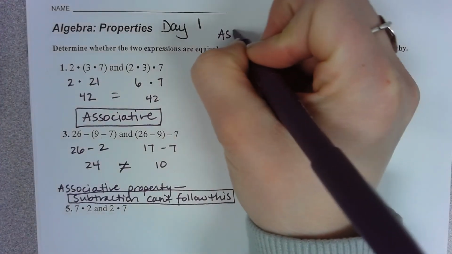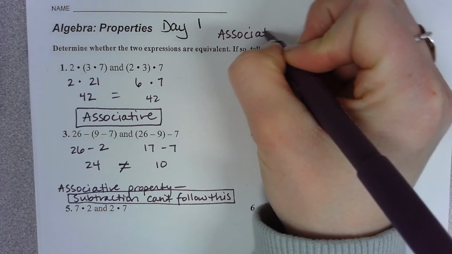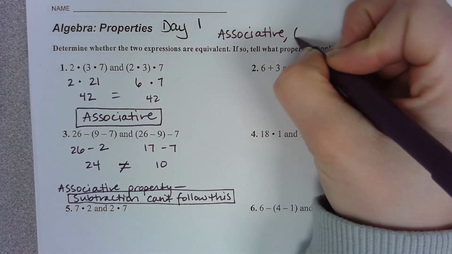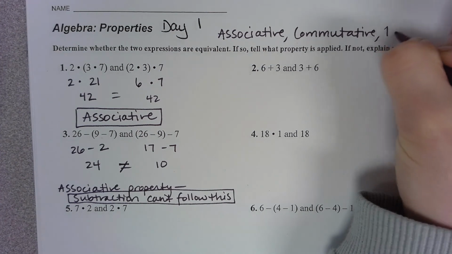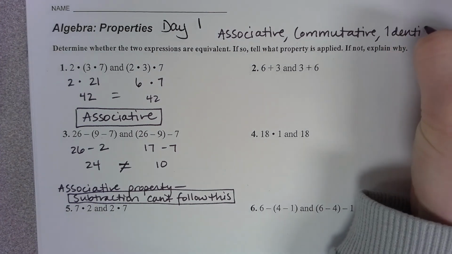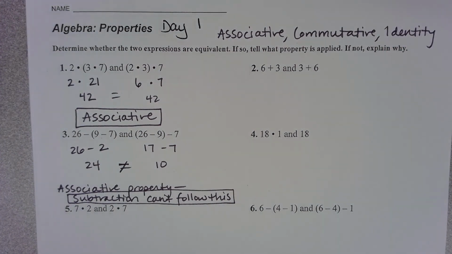We are only working with associative, commutative, and identity properties on this sheet. Okay? So if you have any questions, feel free to ask. Otherwise, this is due at the end of class today or on your next in-person day.